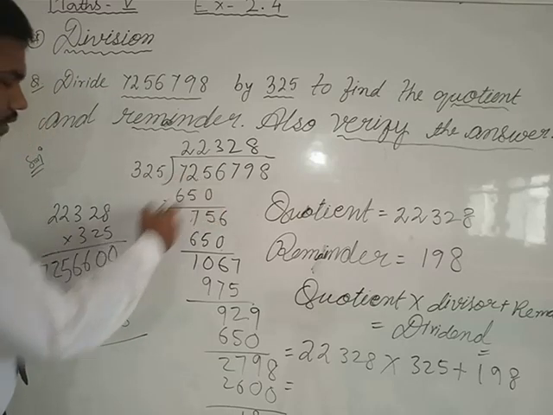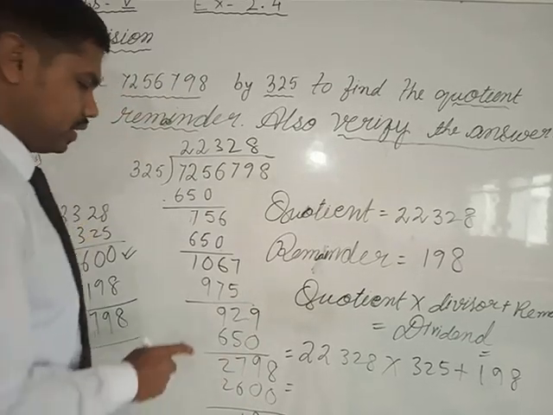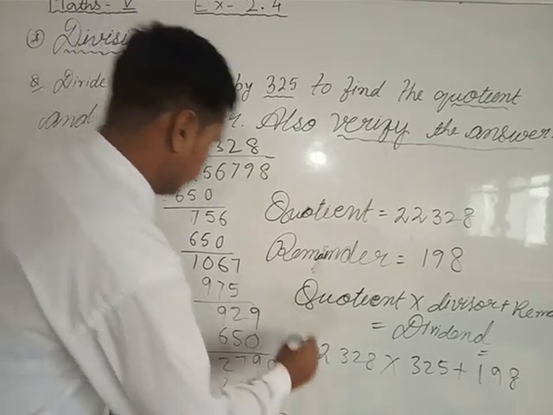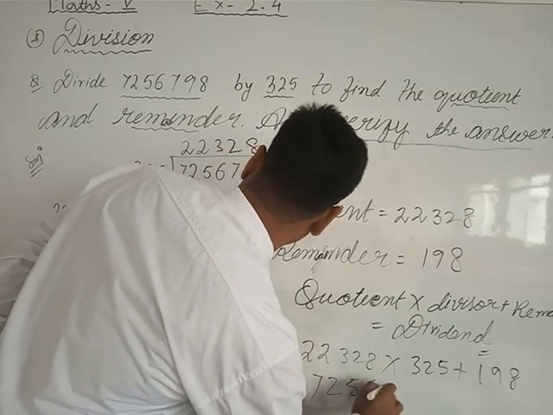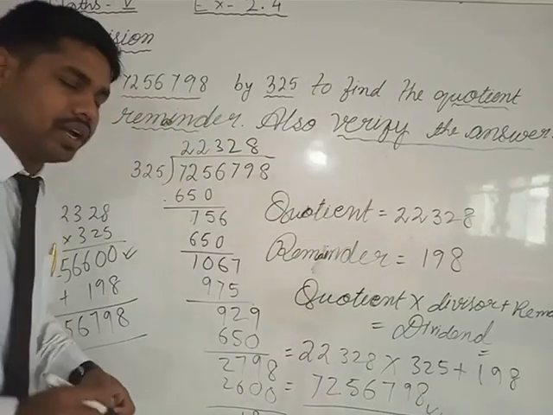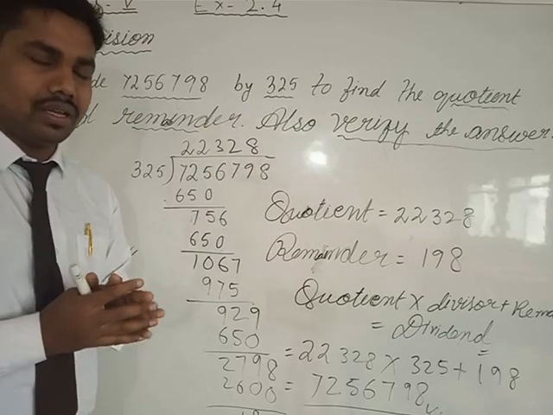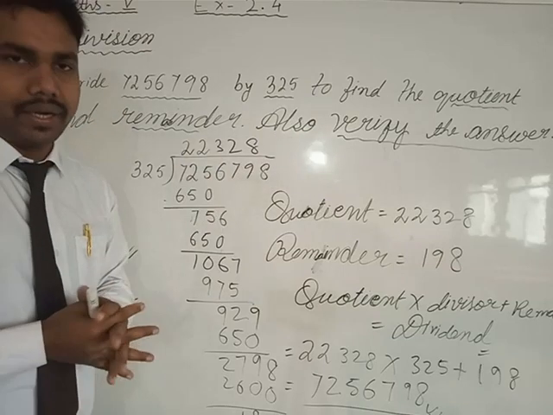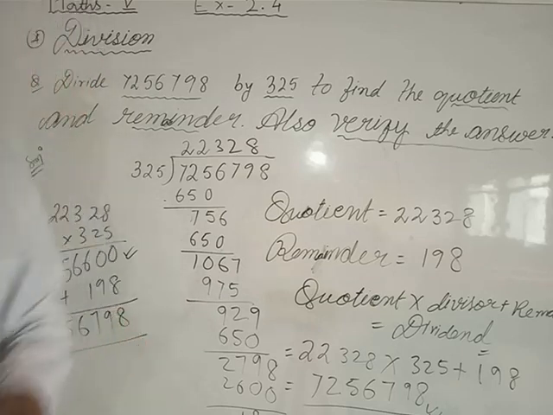This is the required number, the dividend which we are verifying. So it will come the same, 7256798, and this is how you can verify that this question is correct. If it is not verified, then it will not be correct.